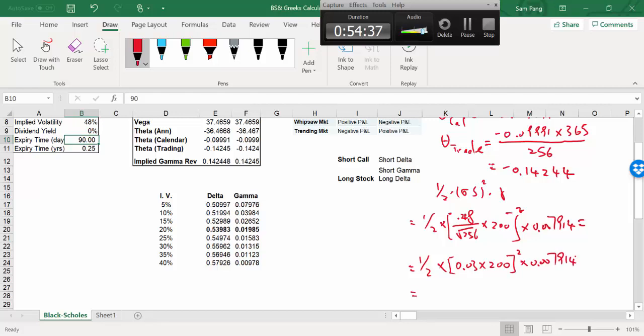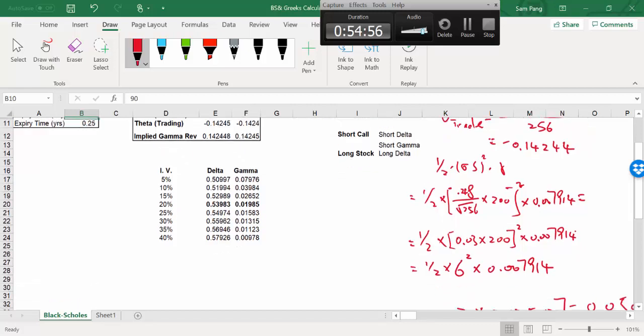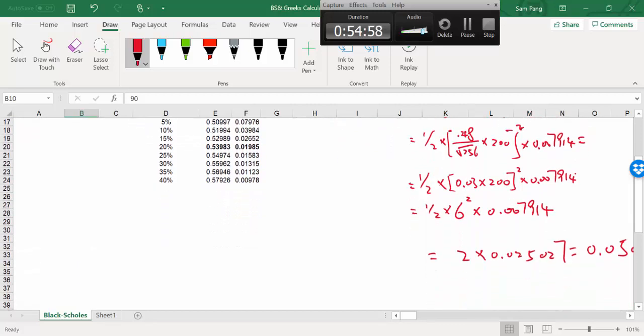Now that is equal to a half times, what is 3 times 200? That is 6. The square of 6 is going to be 36. So 36 divided by 2 is 18.